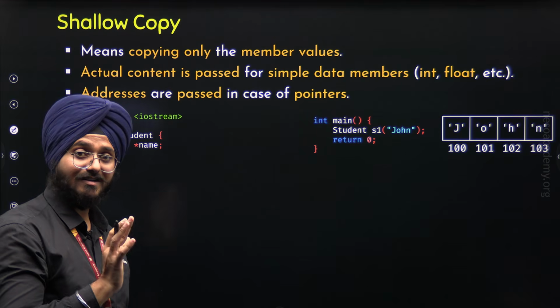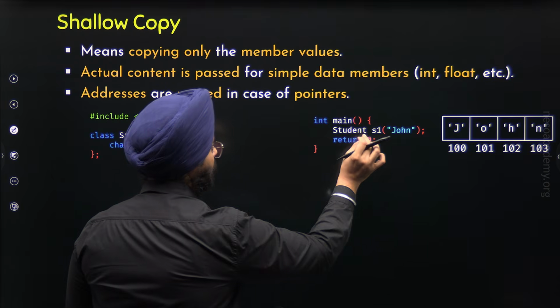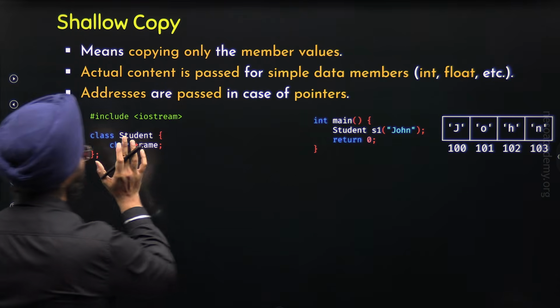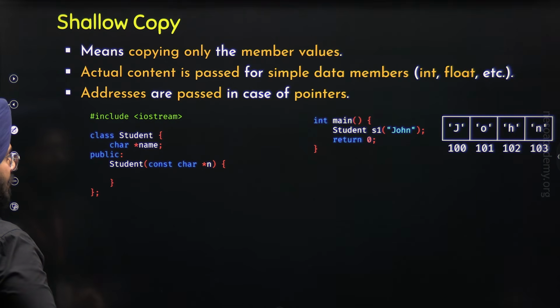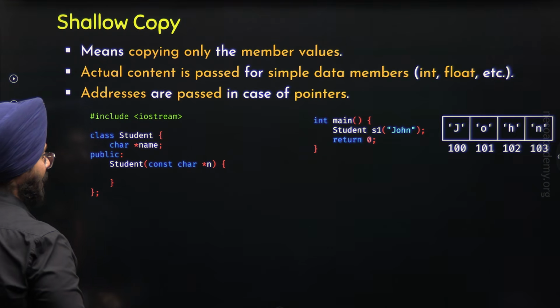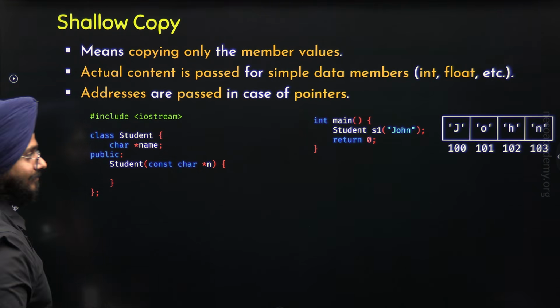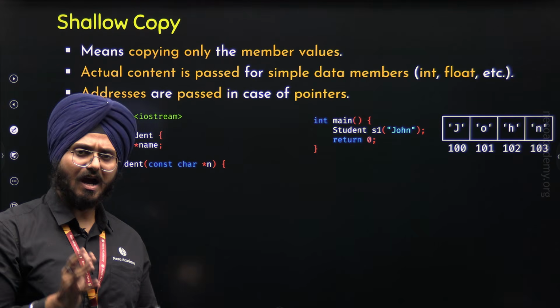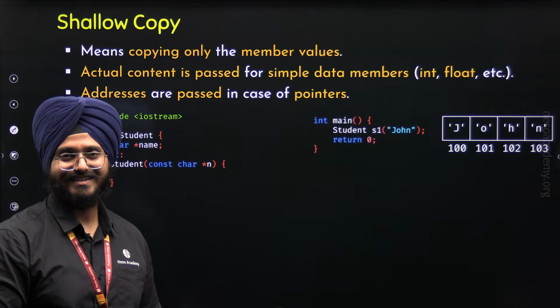Now let's understand how. First, let's define the constructor of this specific class. This is how the constructor looks. This is the constructor Student with the parameter n. This is a pointer to a constant character. Now you might be thinking why I have defined a pointer to a constant character.